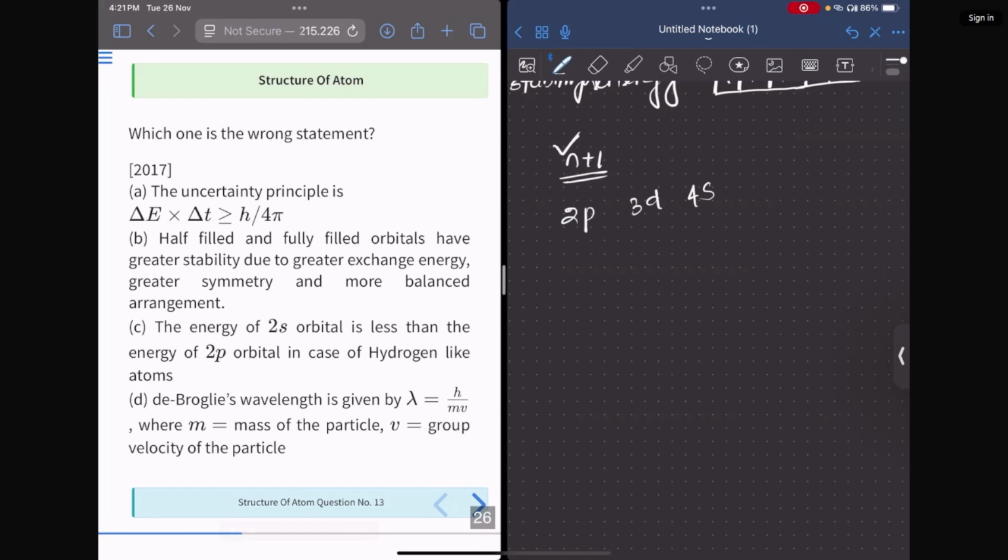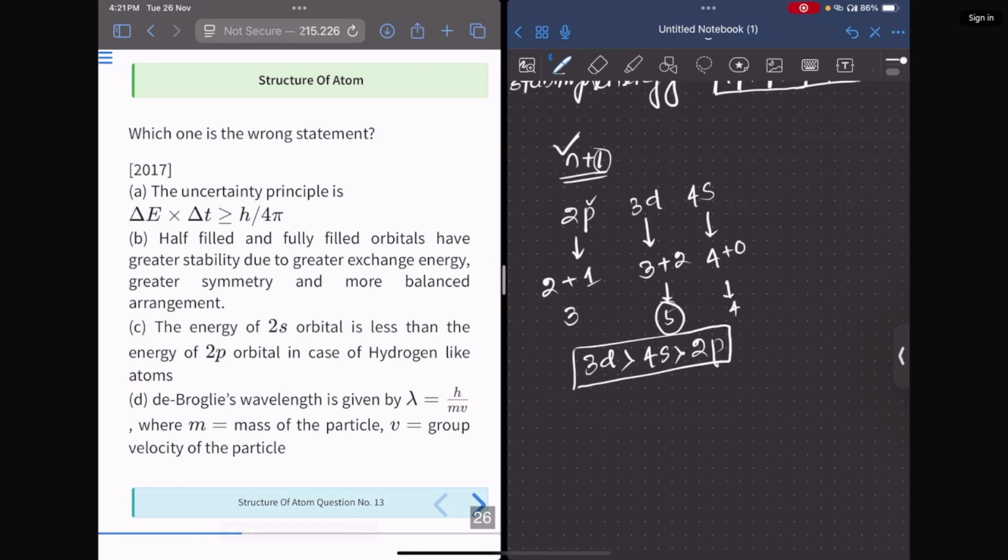We put the formula n plus l. For 2p, n is 2 plus l of p, which is 1, so 3. For 3d, 3 plus 2, 5. For 4s, 4 plus 0, that is 4. So the energy of 3d is highest, then 4s, then 2p. This is the sequence of energy levels.